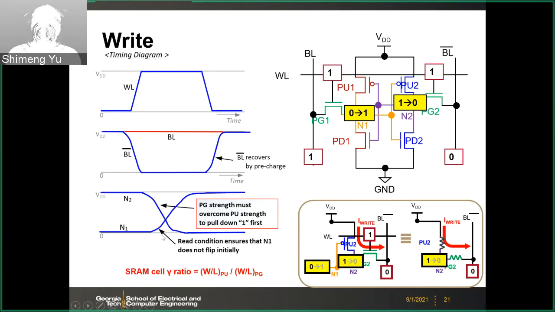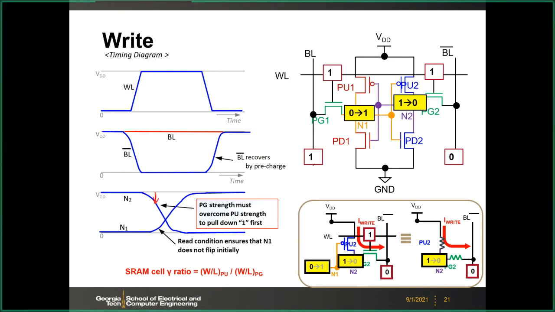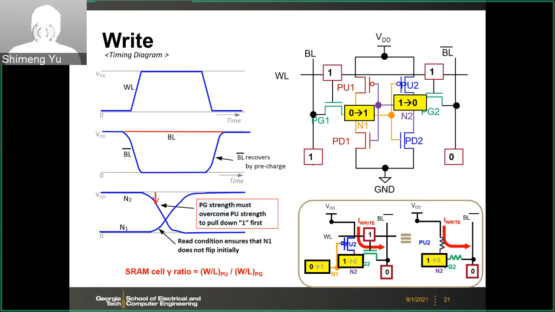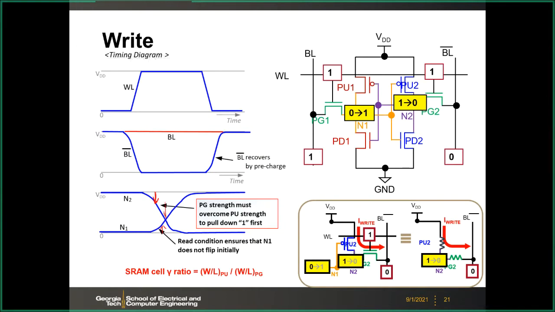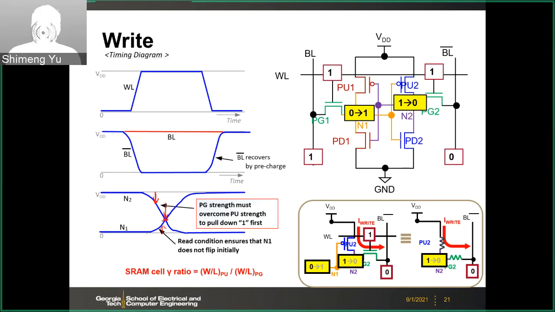So here you look at this waveform. You will notice that the N2 starts to decay first before the N1 rises up. So only when N2 is low enough somewhere here, the N1 will rise up.